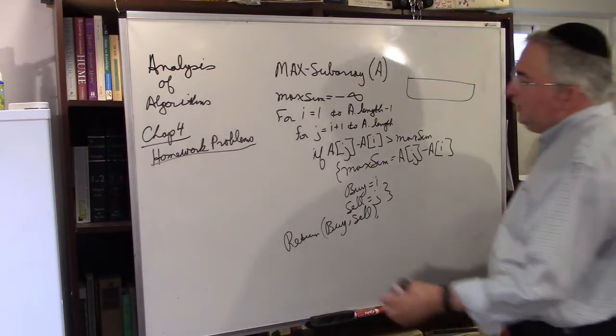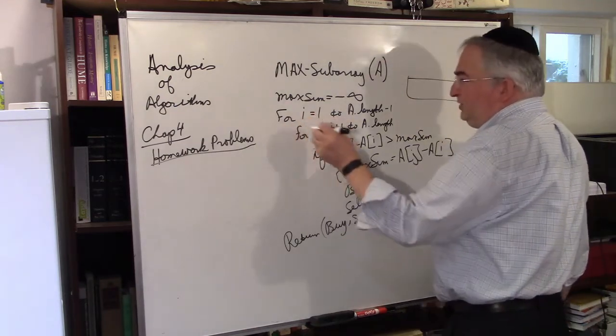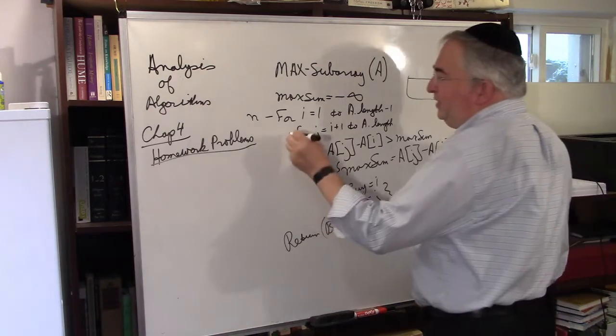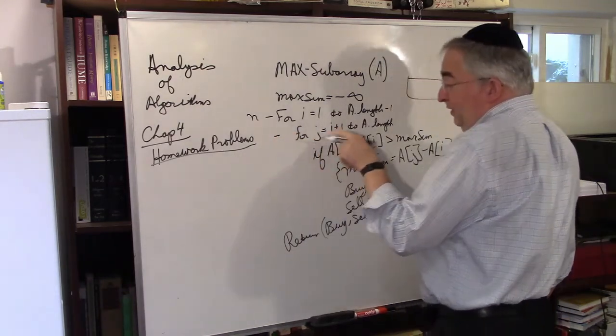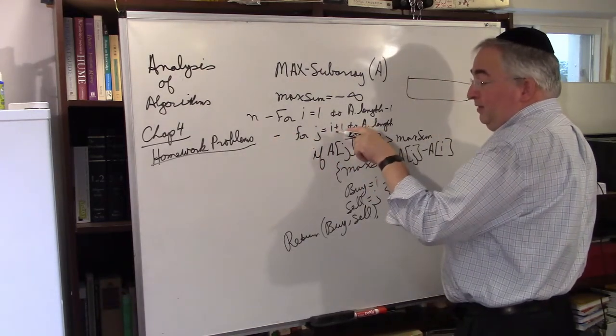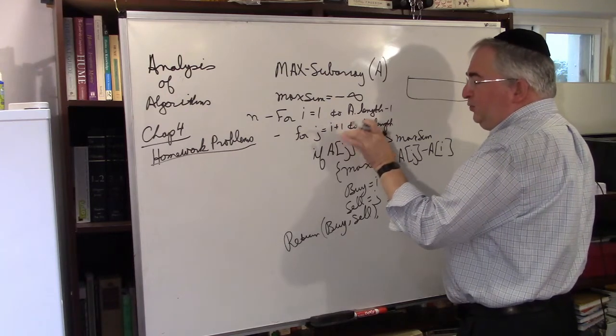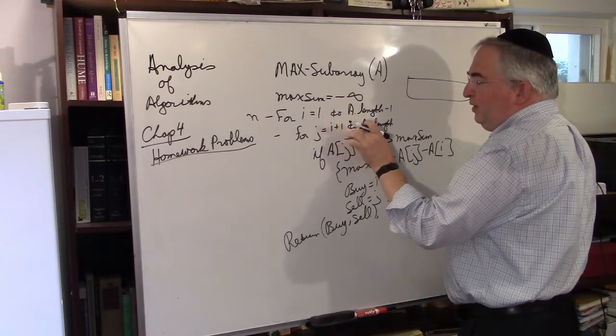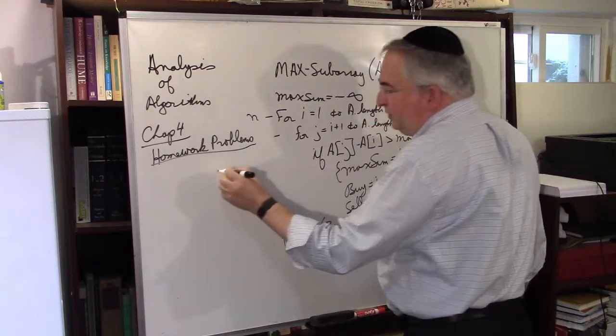How much work is done? Well, for n elements in the array, the inner loop does about n minus 1, then n minus 2, n minus 3, n minus 4, and so on.